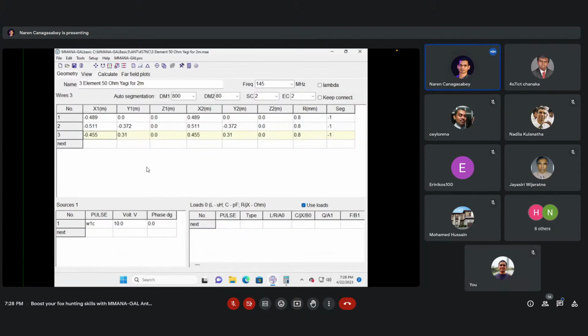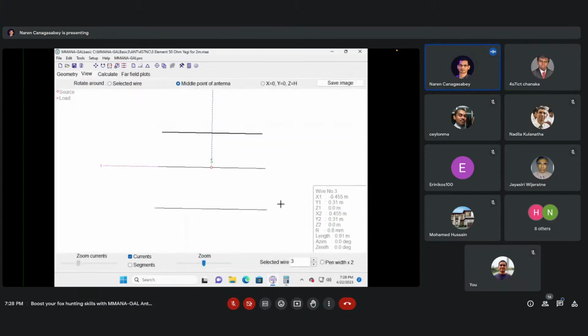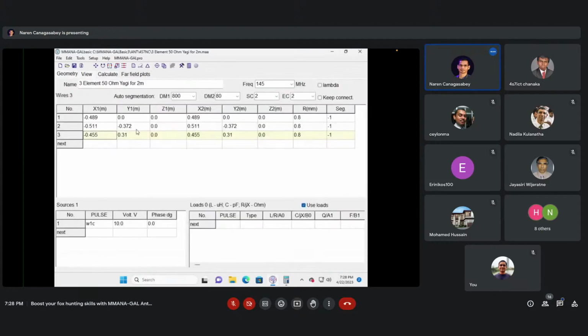That's 300 divided by 145 into 0.440, which gives you a total element length of 0.910. So if you move here, you can see 0.91. To get the length of each side, we divide that by 2, which is 0.455. Then again, minus 0.455 and 0.455.